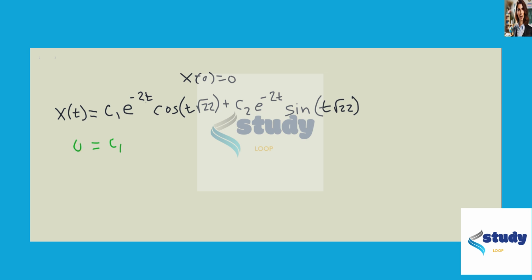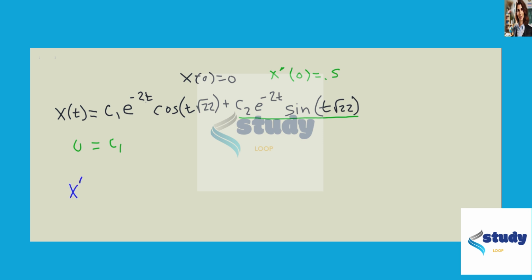I also know that my x prime at 0 equals 0.5. So when I take the derivative, I don't have to worry about the first part because c1 is 0. I'll take the derivative of the second part and use the product rule.